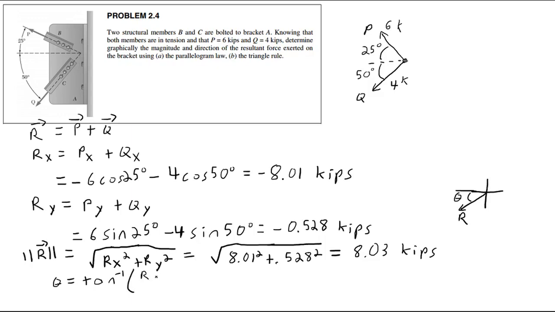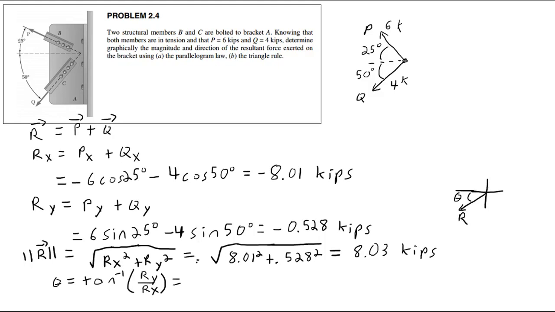And notice, just like yesterday, I'm not going to mess with the positives and negatives when I'm getting the theta. I'm just going to realize what quadrant it's in and get the angle off of the x-axis and then just report it as that. And that way I don't have to worry about what the domain of the inverse tangent function is and all that nonsense.